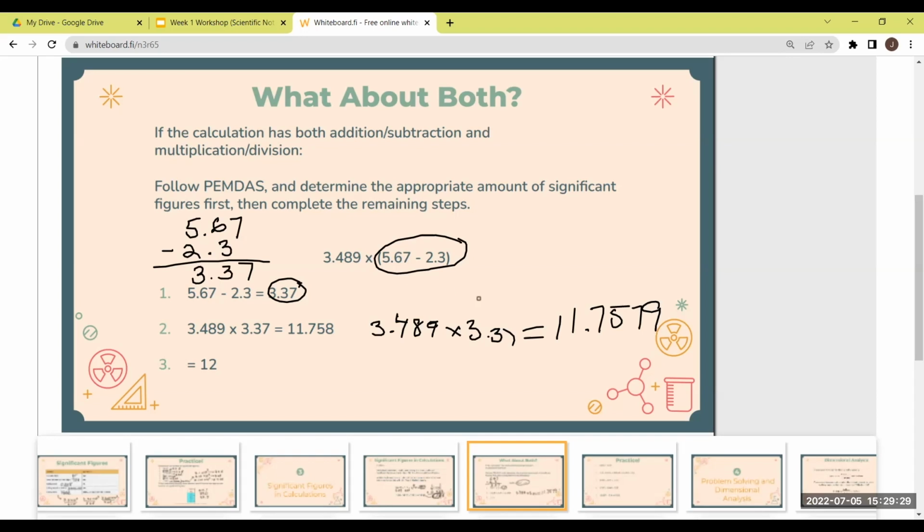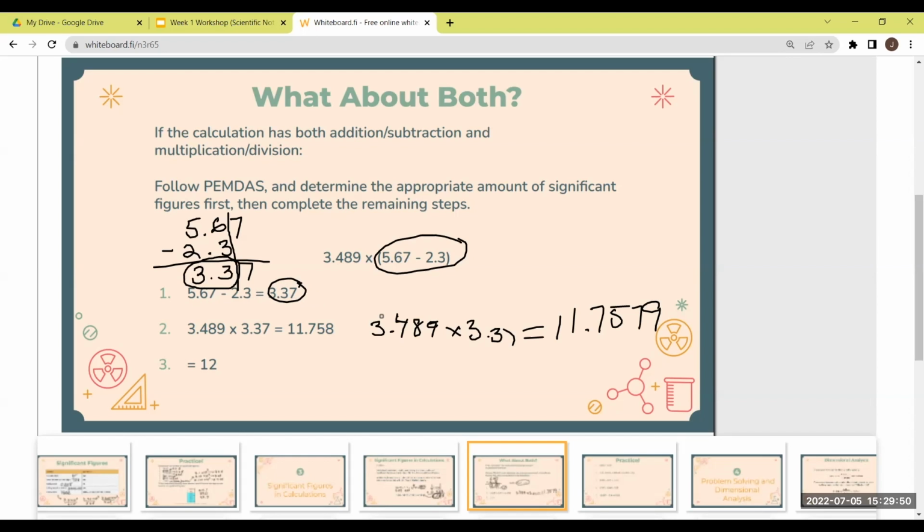And so we're going to have to take into account significant figures now. The subtraction part is only going to have a total of 2 significant figures after we subtract these 2 numbers before we do multiplication.